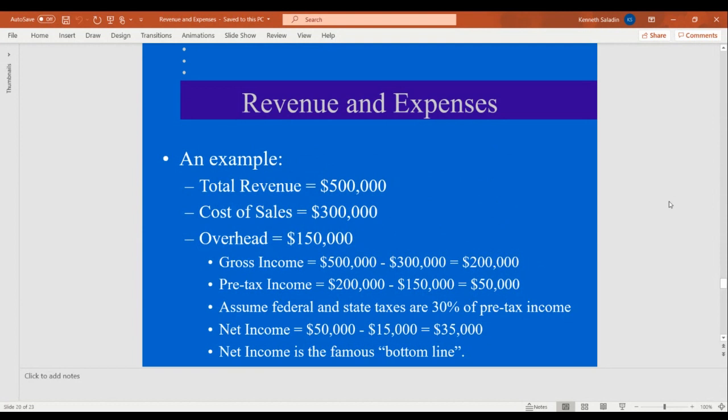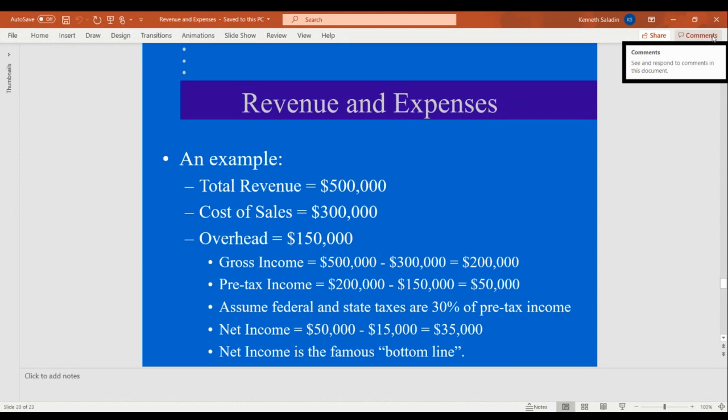Here's an example. So let's imagine a company that has sales of $100,000. So that would also be revenue. Remember, I told you at the beginning of the presentation that for our purposes, sales and revenue are the same thing. So total revenue, total sales for this company is $500,000 per year.